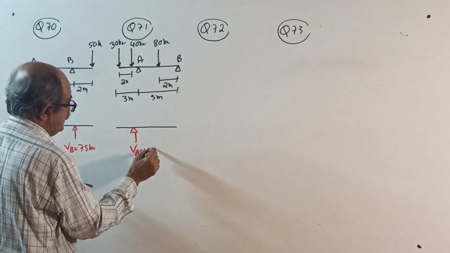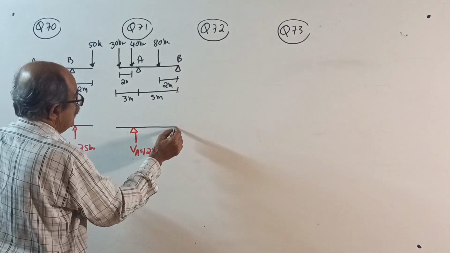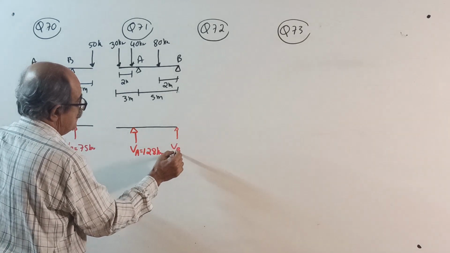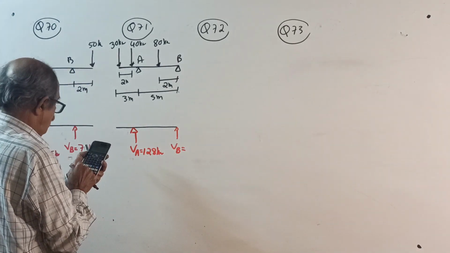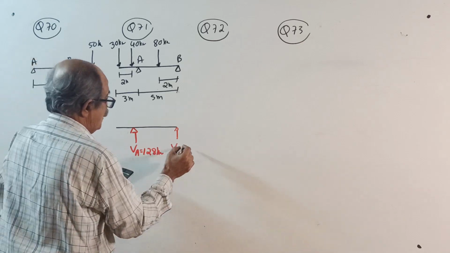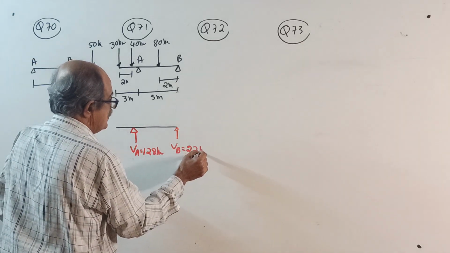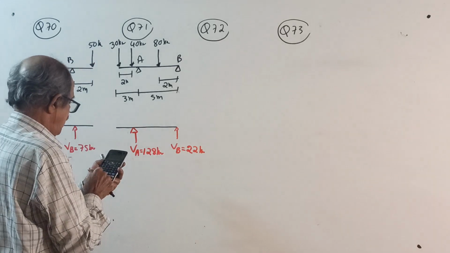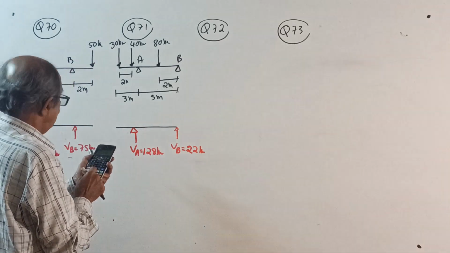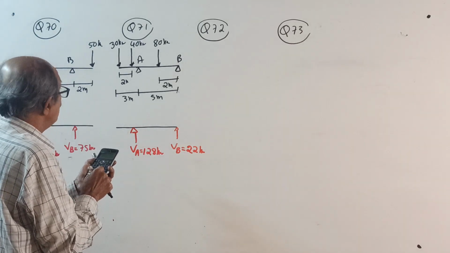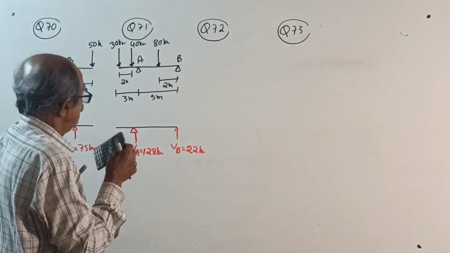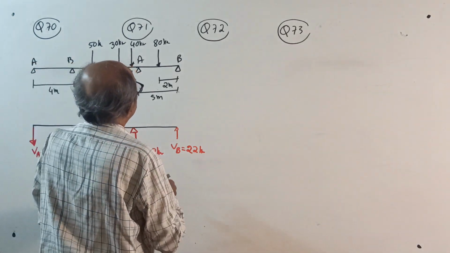VA 128 kilonewton. VB equals minus 80 minus 40 minus 30, 22 kilonewton. I'll check the answer: 80 into 3 minus 30 into 3 minus 40 into 1 divided by 5. Correct. Perfectly correct. Question 27.